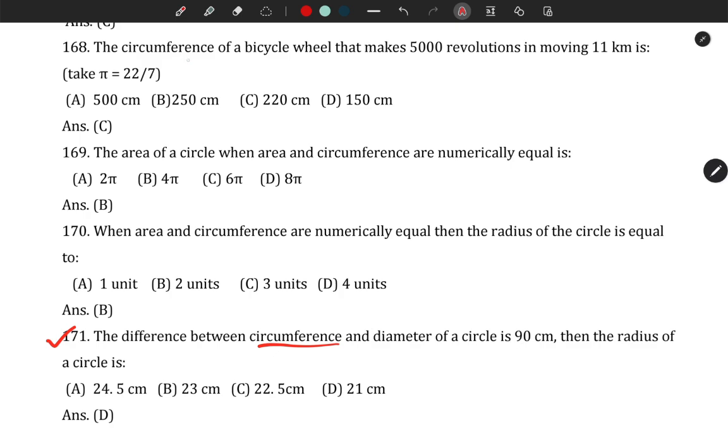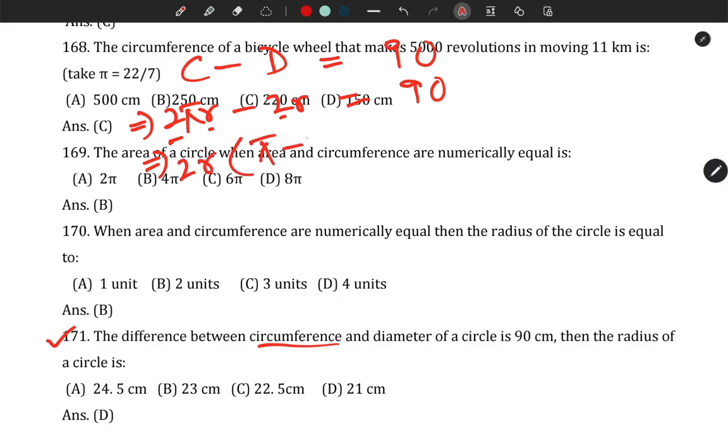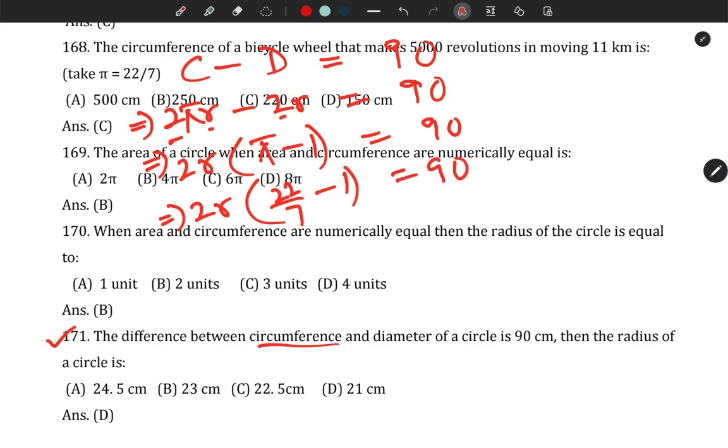Next question, the difference between circumference and diameter of a circle is 90 centimeters. So the circumference of a circle minus the diameter is given to be 90 centimeters. So circumference formula is 2 pi r, diameter is 2 times the radius, equals 90. We can take 2r common, so 2r into pi minus 1 equals 90. Now for pi we put 22 by 7, minus 1, equals 90.